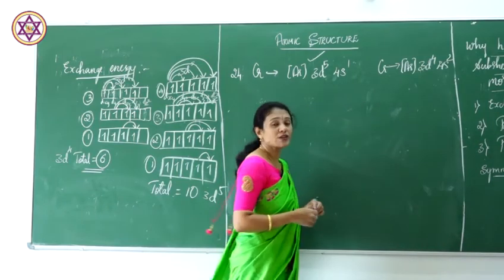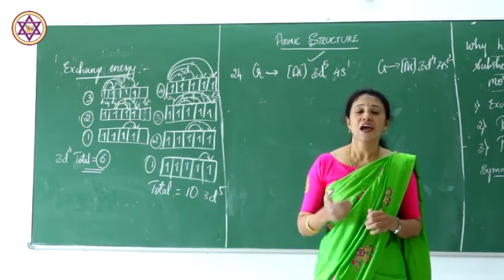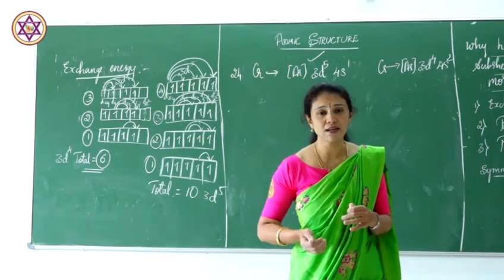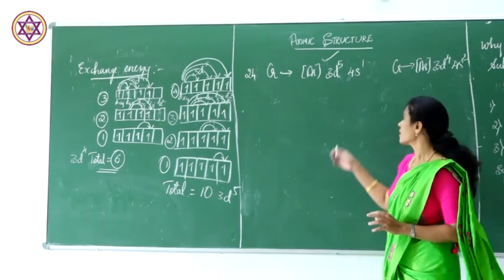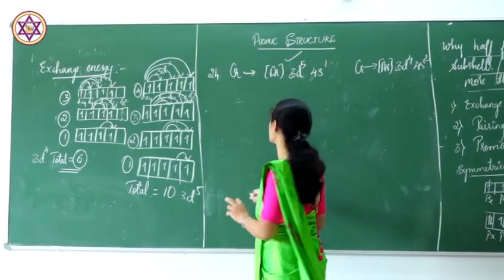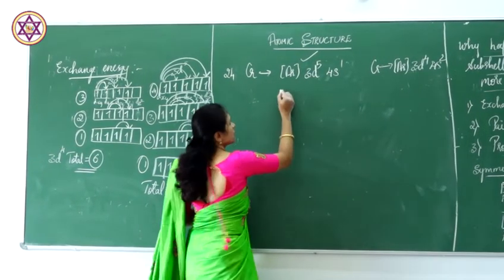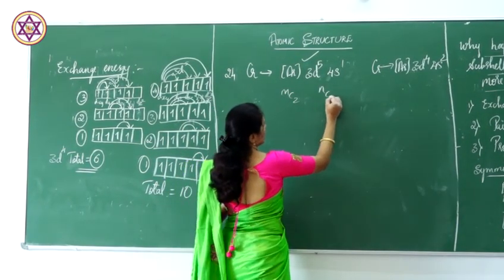Coming here, to calculate the number of exchanges, I will use a formula. Here we will come to know how the filling takes place. I will take the formula Mc2 plus Nc2.